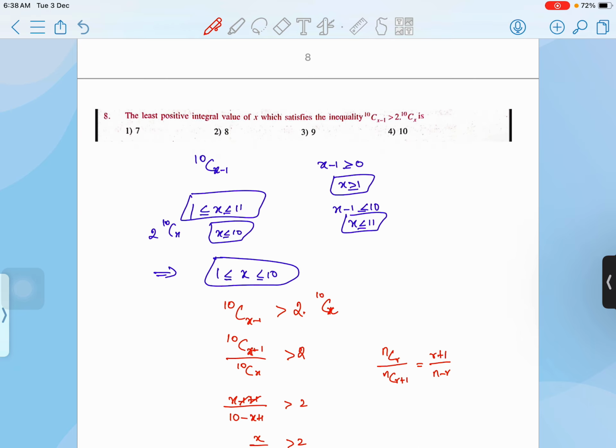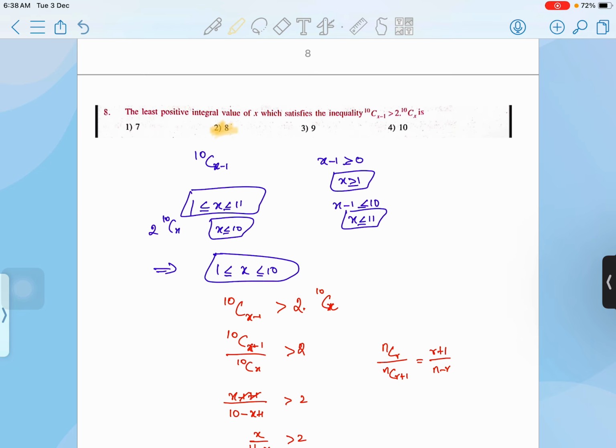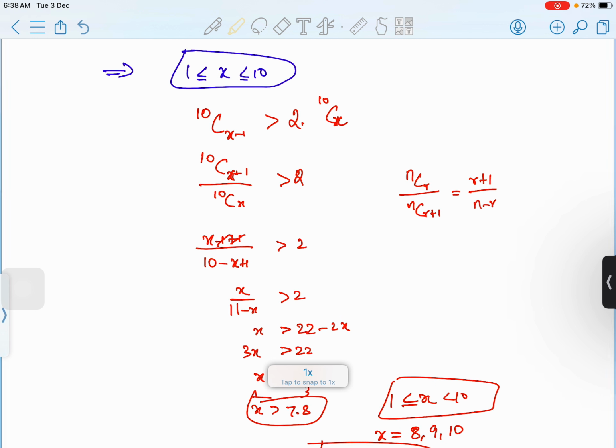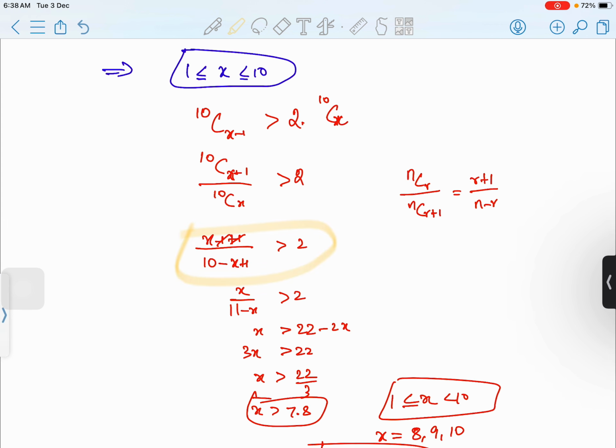If anybody didn't understand this part alone, how you arrived at this step, simply substitute that formula: 10 factorial by x minus 1 factorial into 10 minus x plus 1 factorial, divided by 10 factorial by x factorial by 10 minus x factorial. So 10 factorial and 10 factorial cancel, here x factorial and x minus 1 factorial get cancelled, and then 10 minus x is there.